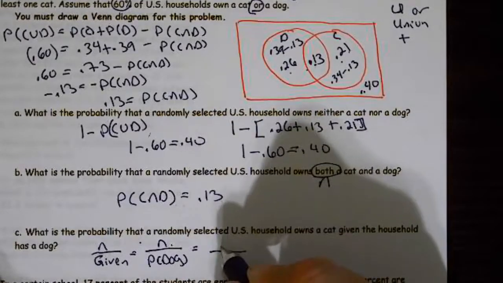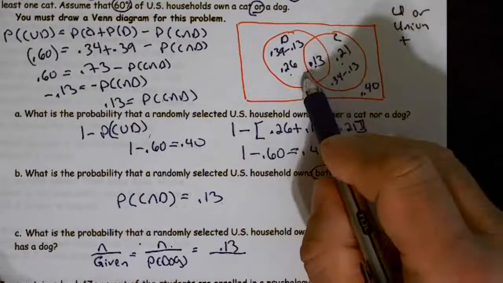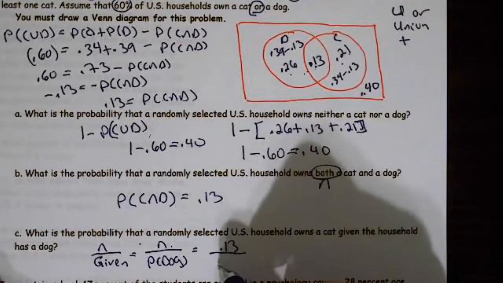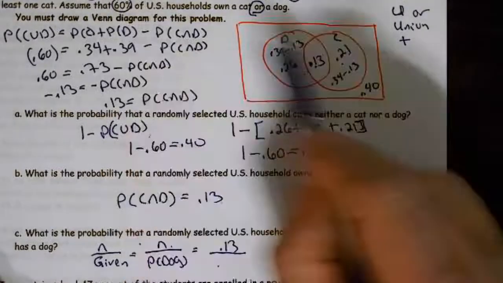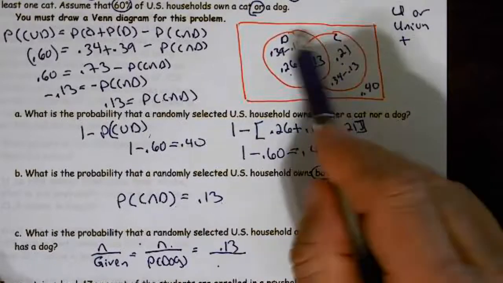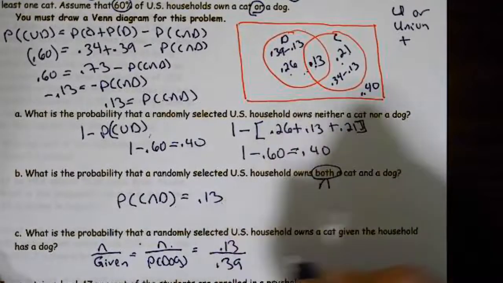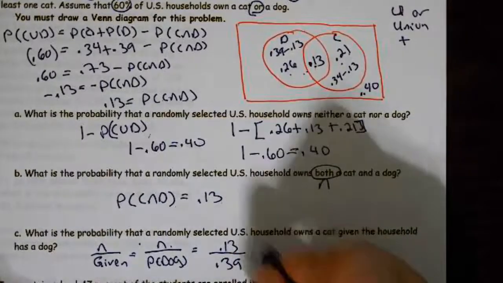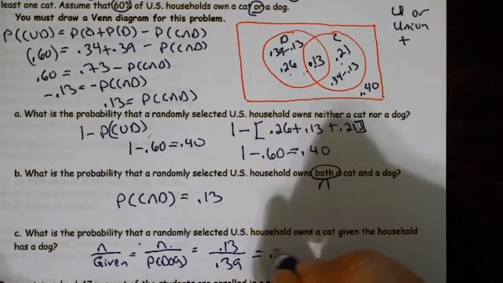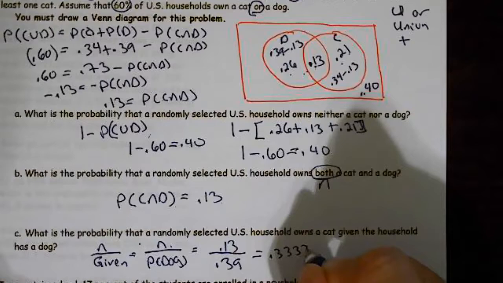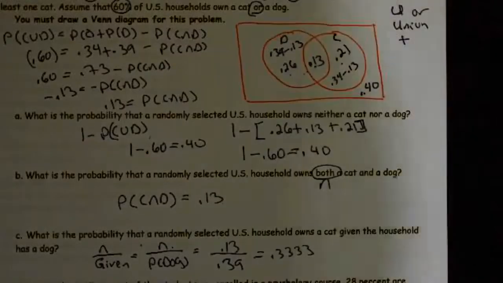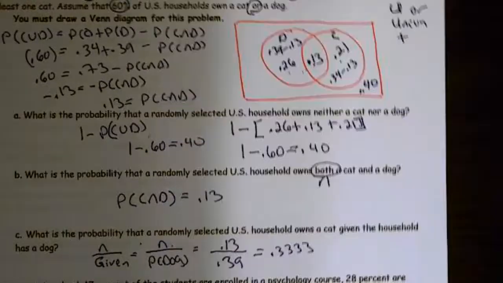Dog intersect cat is that overlap, which is 0.13. And the probability of a dog, please don't forget, was 39%. It's the whole circle, so that's 0.39. And by the way, for your test, please write your fractions and then give your decimals. Please do that.